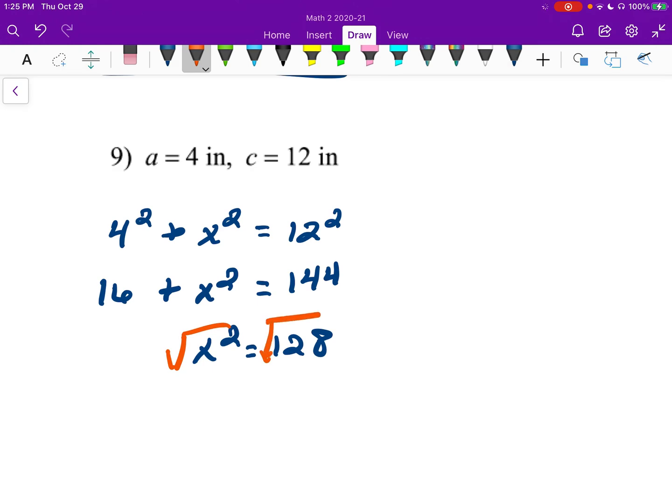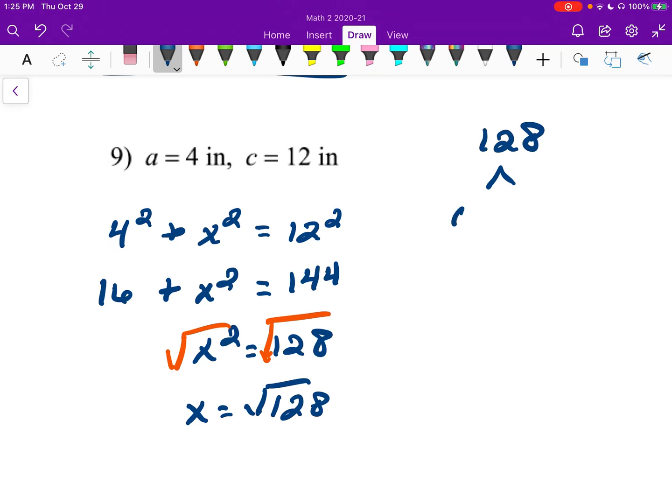Take my roots. So x equals root 128. 128 we can split up with a bunch of 2's. 128 divided by 2 is 64. 64 and 2. And I'm going to split this up into 8 and 8. And then each of these 8's splits up into 2, 2, and 2.